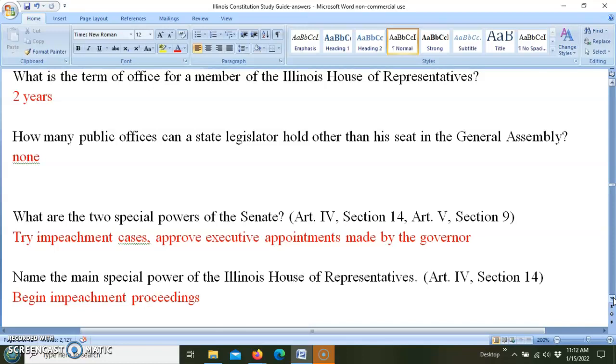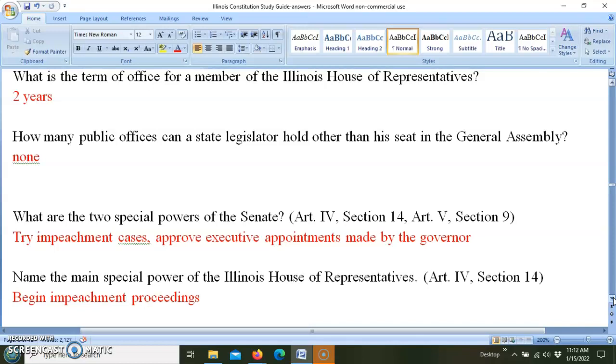And that's exactly what happened with our governor, Rod Blagojevich, back in the early 2000s, or between 2000 and 2010, somewhere in there. He was impeached and removed from office, and then he was put on trial and found guilty of corruption and was actually sentenced to a fairly lengthy prison term.